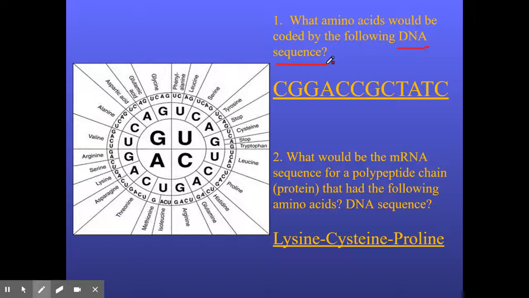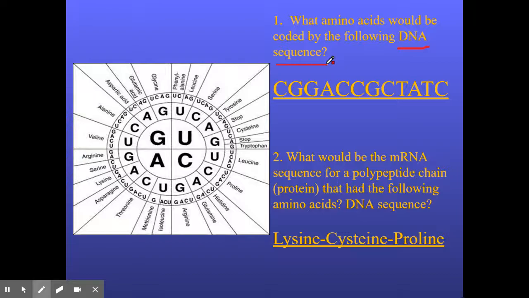There we go. All right, because it says DNA sequence, so we need to make this an mRNA strand first, right? So what does C turn into? Come on. A turns into what? Not an A in RNA, it turns into U. And then G turns into C, right?